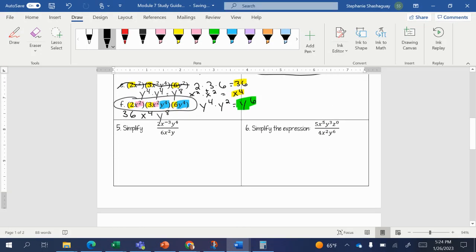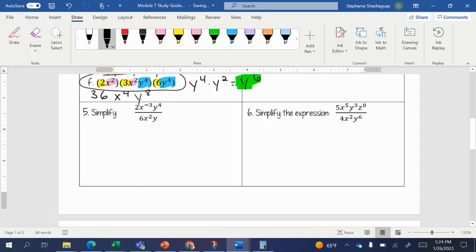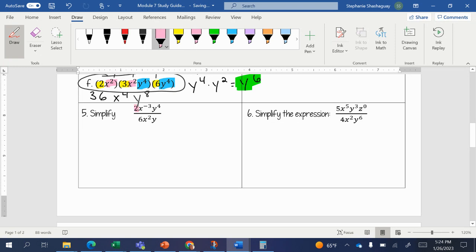All right, moving on to question 5 and 6. We're going to break this down piece by piece. So we have 2 over 6. Well, 2 over 6 simplifies to 1 over 3. Keep in mind that this will stay a fraction. That 3 is going to stay in my denominator. x to the negative 3 power over x squared.